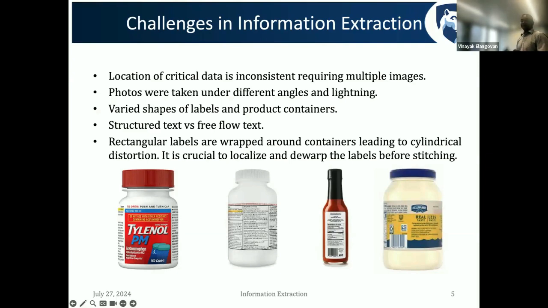But if I have, let's say, a Tylenol or a sauce bottle, I have to rotate that bottle so that I can capture all the images. I can capture video, take all those images, and then stitch them to extract the information. So that's kind of challenging.